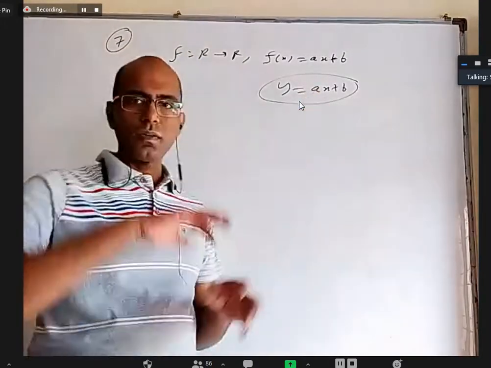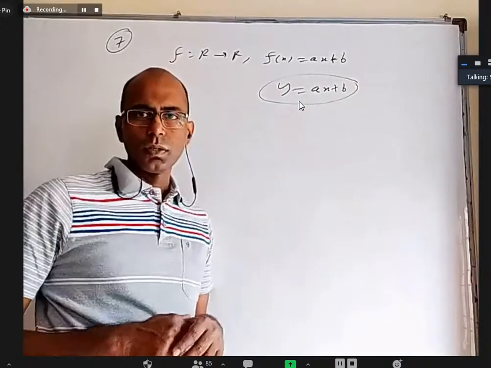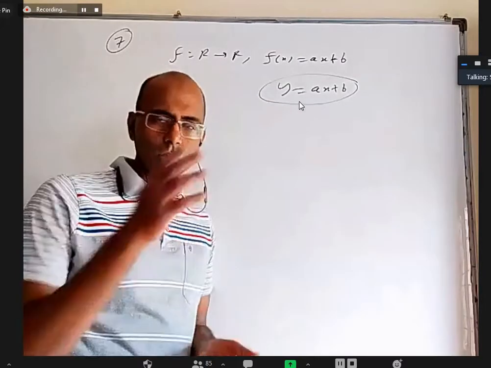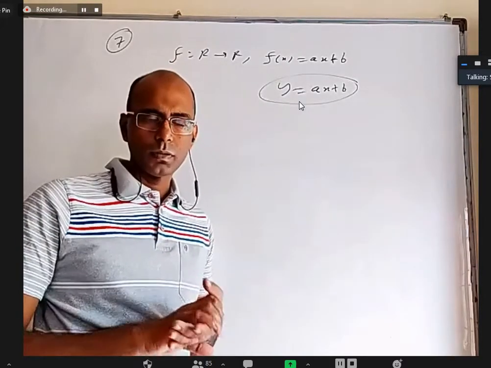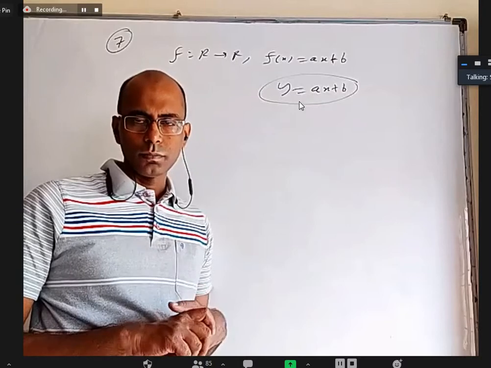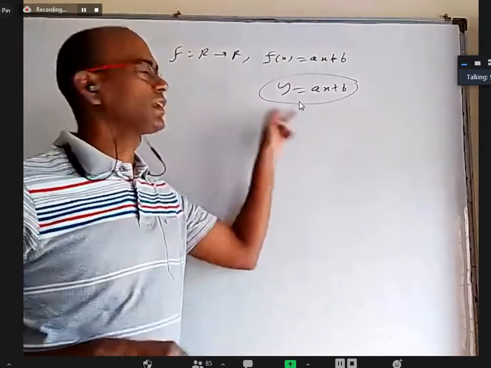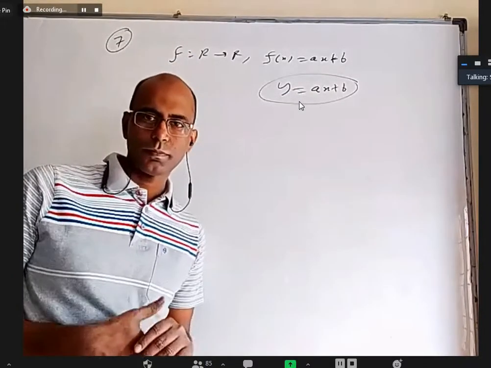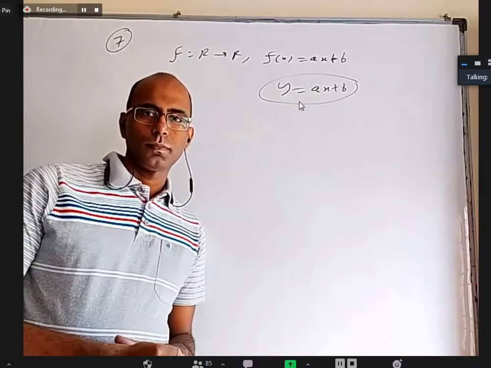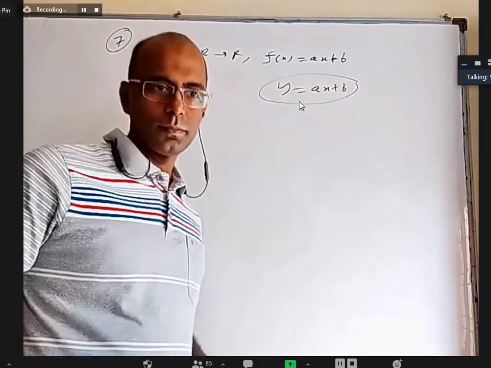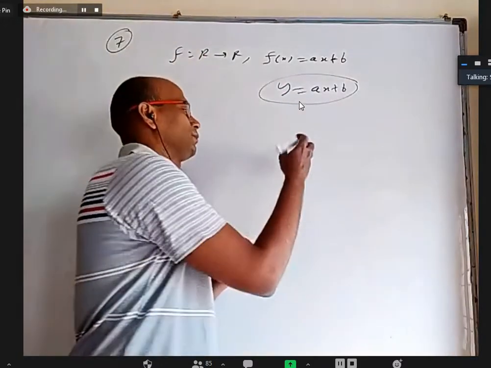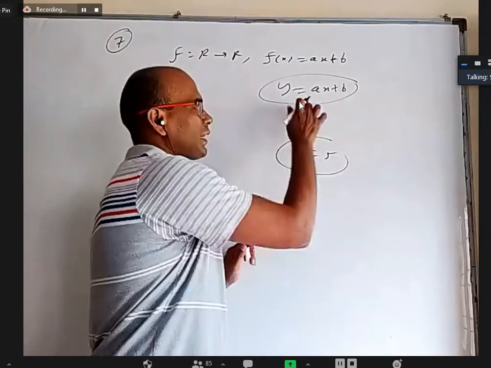A equal to 1 will cover the lines with slope 1. A equal to 5, and you keep changing b, you will get all the lines with slope 5. Right? That's right. What it cannot cover is vertical lines. Right? X equal to 5. Is that line there in this?